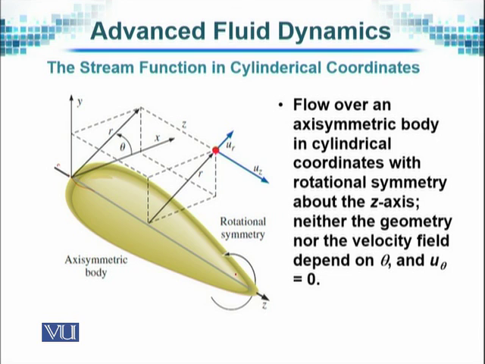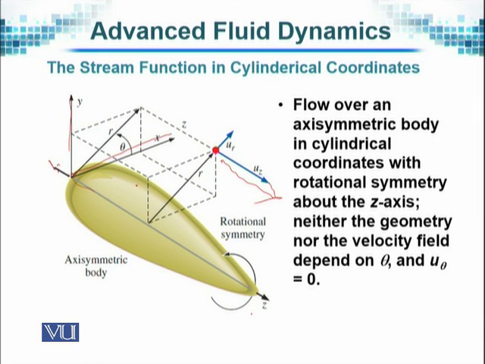And therefore the rectangular coordinates, you can see if this is x, this is y, and the third one is the z coordinate. These are 3 mutually perpendicular coordinates, and whichever we want to choose for convenience of our mathematical work, then in such a form, and if the flow is taking place across such a body, it is convenient that we try to see the motion in the axisymmetric direction. uz will be the velocity in the z direction as indicated here, and ur is in the radial direction.